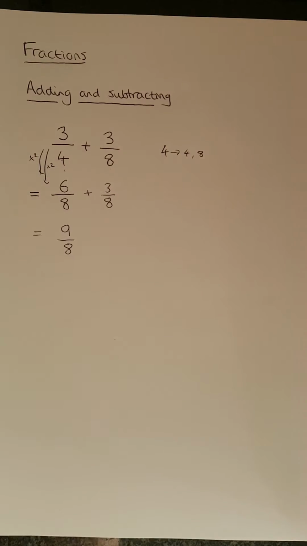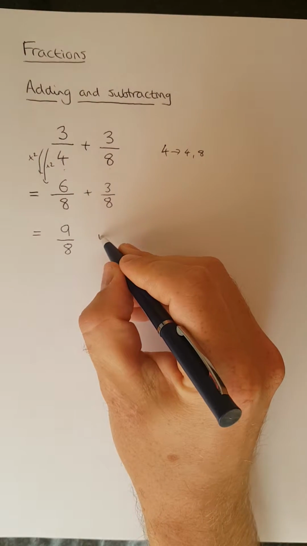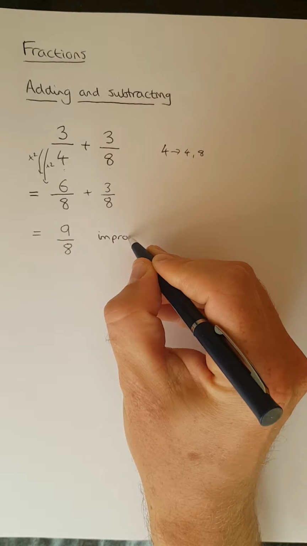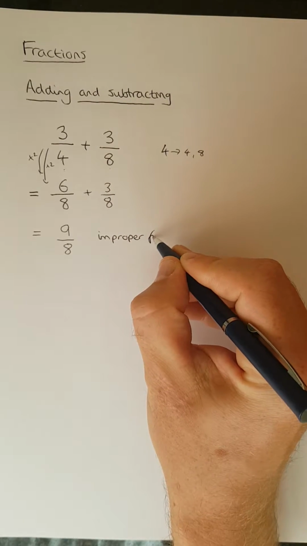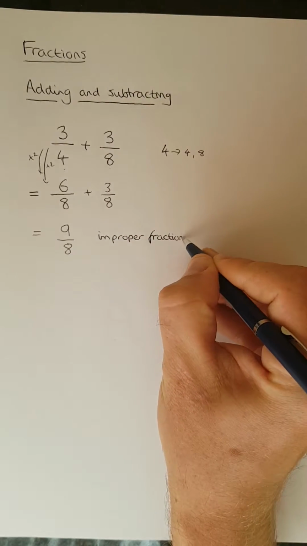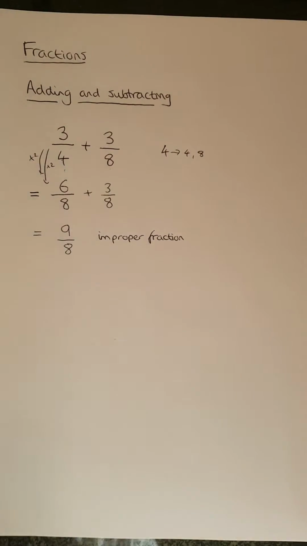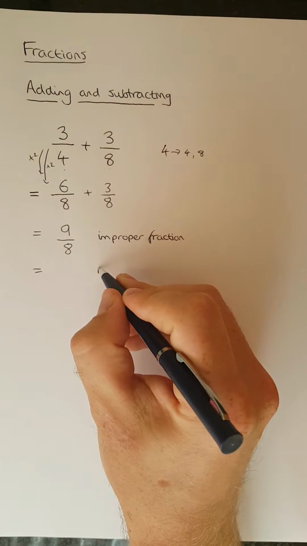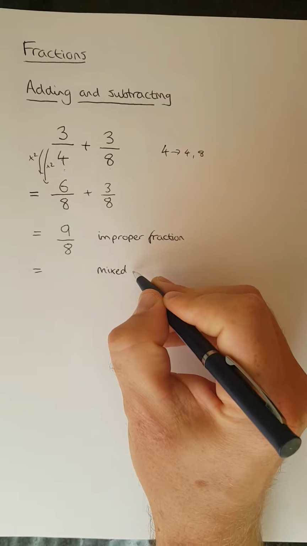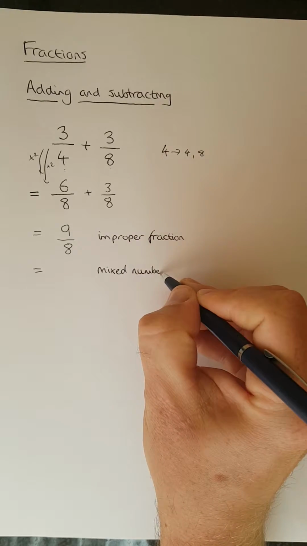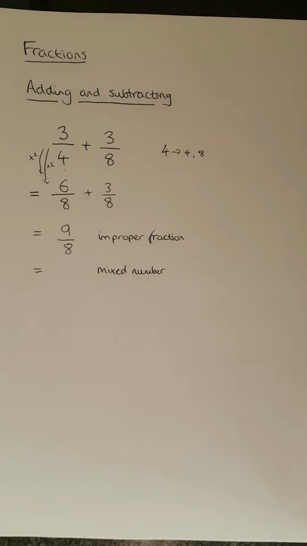Now, 9/8 is a perfectly good answer. If you remember from a previous video, this is an improper fraction. Can we convert it into a mixed number? Yes, we can. And we have to have that skill.